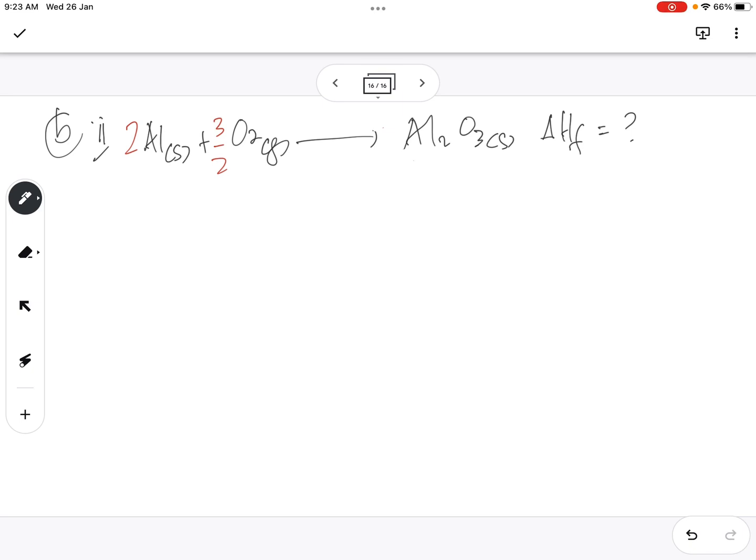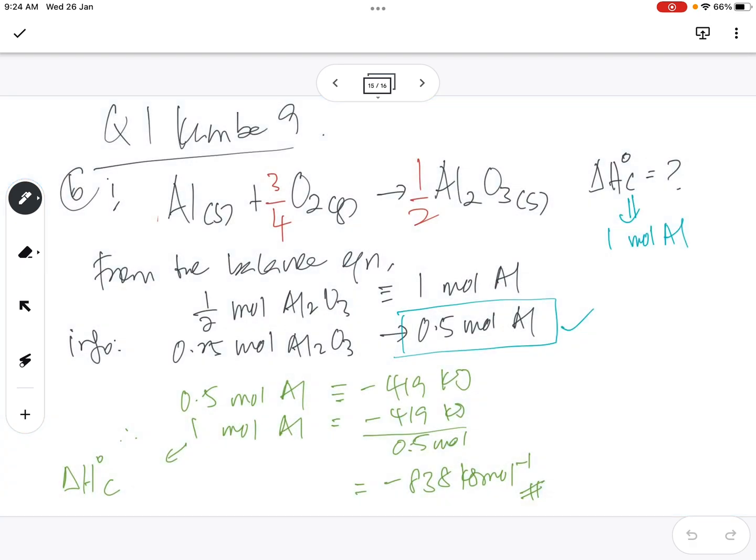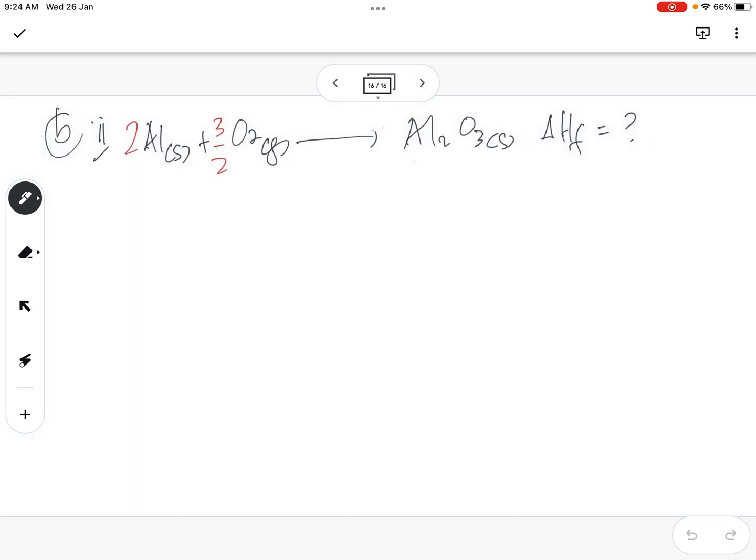From B1 we already have the idea. Let me go to B1 for a moment. For 1 mole of aluminium, they give 838 kilojoules of heat. So we can make the statement: 1 mole of aluminium gives out 838 kilojoules of heat. For 2 moles of aluminium, how do I know 2 moles?